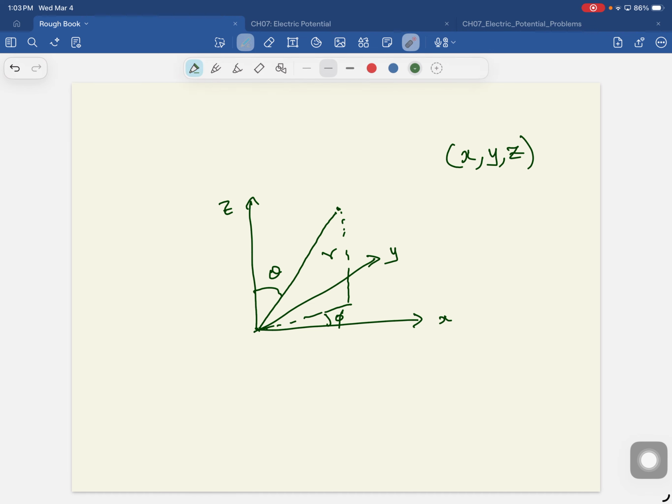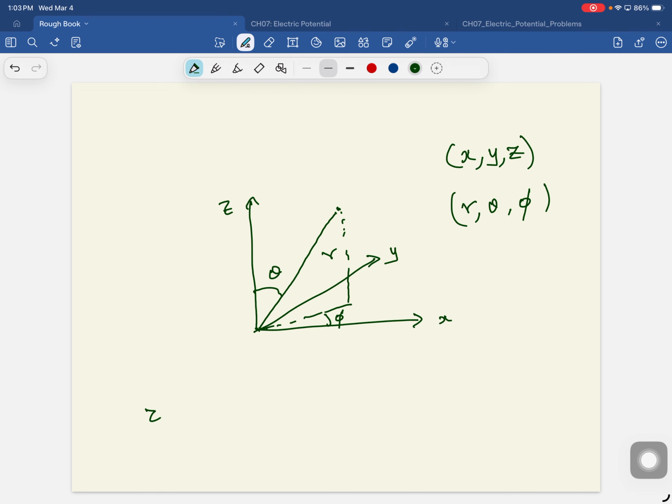So the address of this point can be given by these three numbers or by these three numbers. Which three numbers have more information? The same. They have the same amount of information, so you should be able to translate from one coordinate system to another.